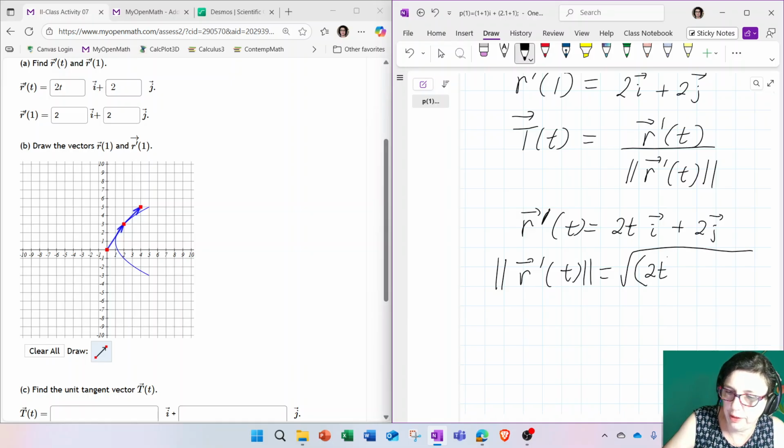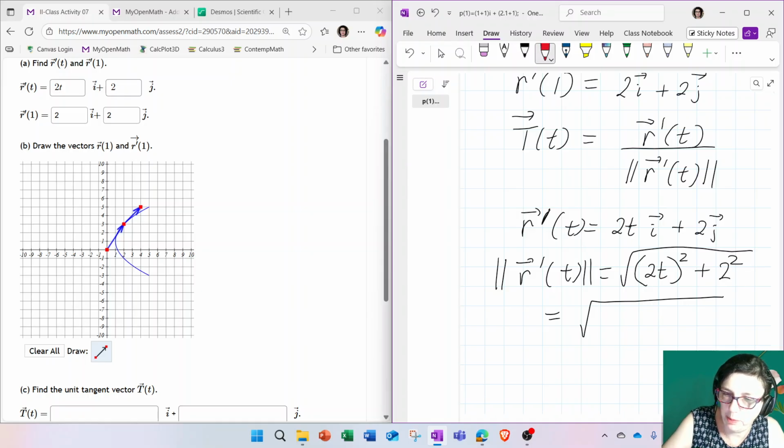Now, very careful here, square the whole thing, plus the second component squared. Whenever I square the first component, this 2 will be distributed to both factors. It's a very common mistake to say that's just 2t squared. That's not right, because this is 2 squared t squared. So that's plus 4. So the final answer here would be the square root of 4t squared plus 4.